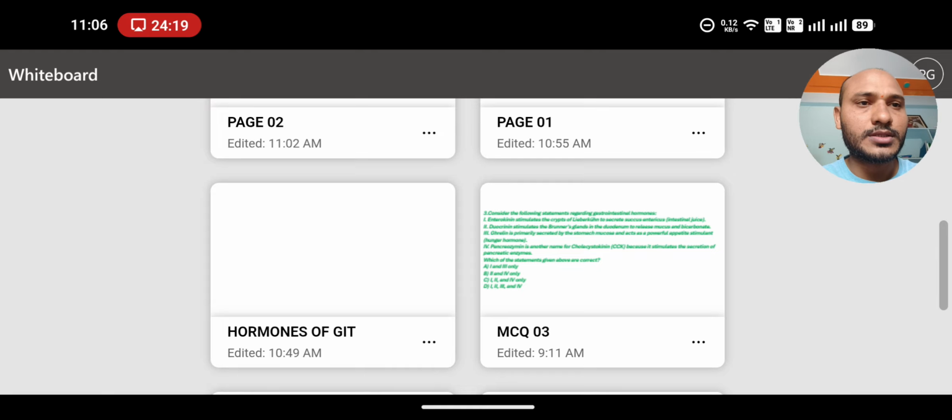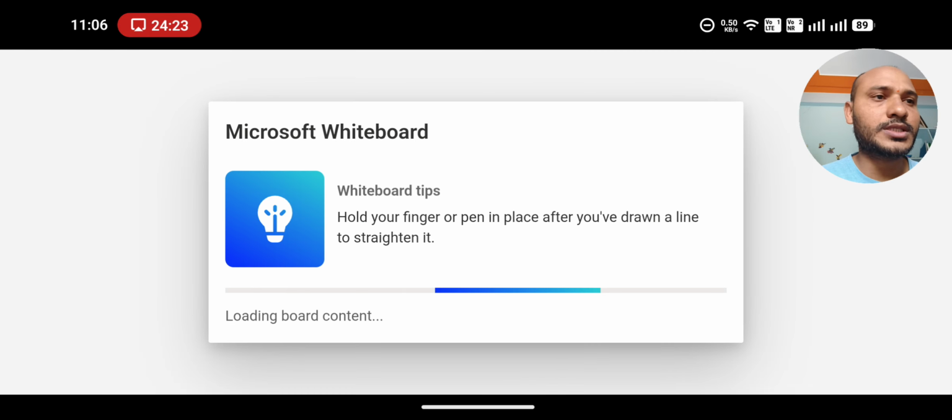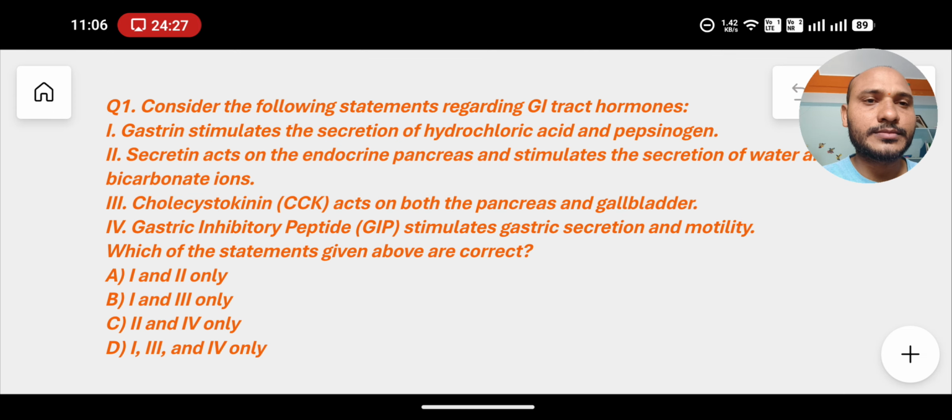First MCQ: see on the screen. Consider the following statements regarding GI tract hormones. Four options are there. Which of the statements given above are correct? All these statements are what we have discussed just now. Read it and answer in the comment box.